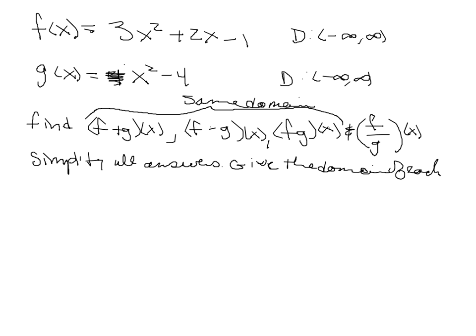The domain is going to be anything that you can't use in f, you can't use in f plus g, and anything you can't use in g, you can't use in f plus g. Same for f minus g and f times g. So you kind of overlay the domains, and anything that can't be used in either one has to be thrown out.